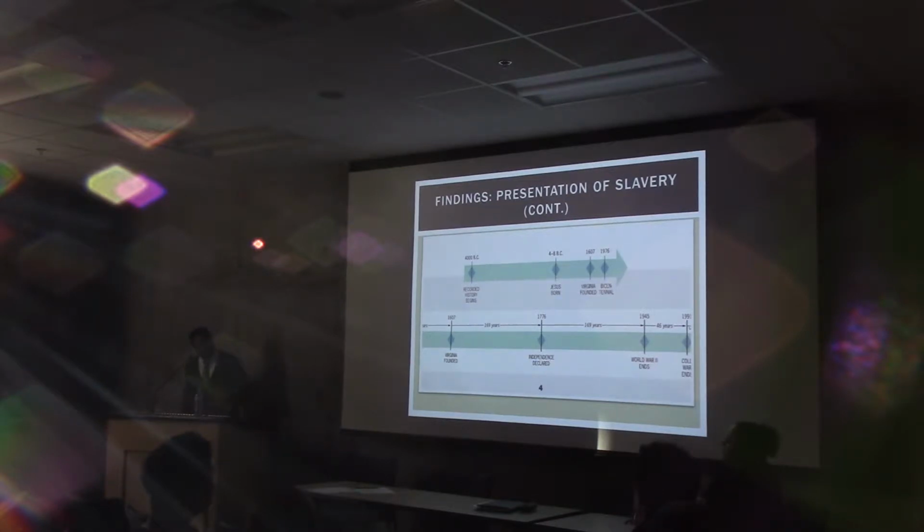But I put out this timeline because I couldn't wrap my head around it. This was also from the American Pageant. It says 4,000, and this is the first chapter, and in no way in the text of that first chapter do they reference this timeline. But they say 4000 BC, recorded history begins. 4 to 8 BC, Jesus born. And then 1607, Virginia founded.